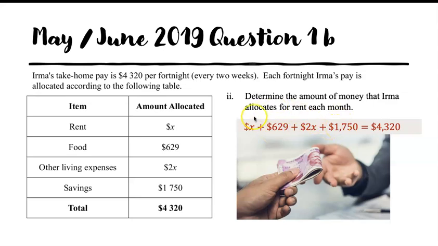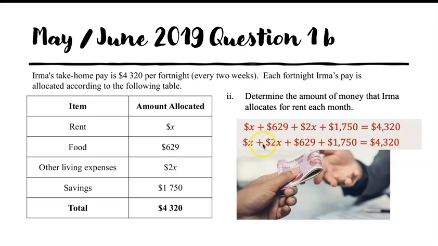Remember, when you're moving terms, you need to keep the sign. This is plus 2X, so when you move it, it will still be plus 2X. This is plus 629, and when you move it over, it will still be plus 629. So we get X dollars plus 2X dollars plus $629 plus 1,750 is equal to 4,320.